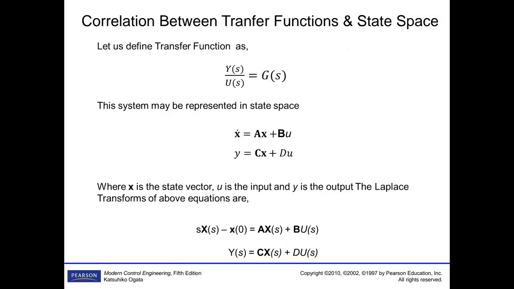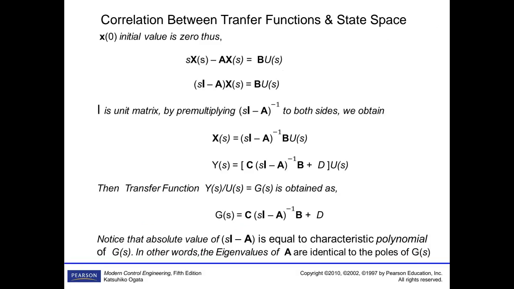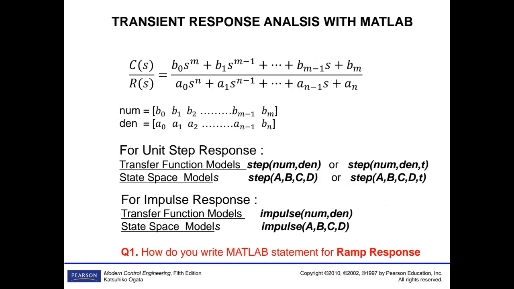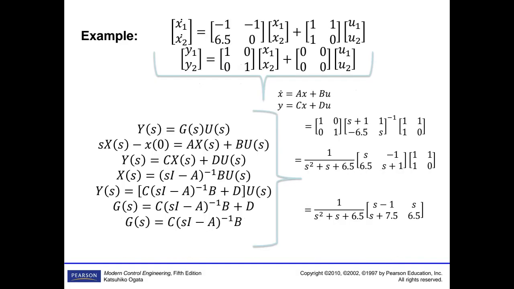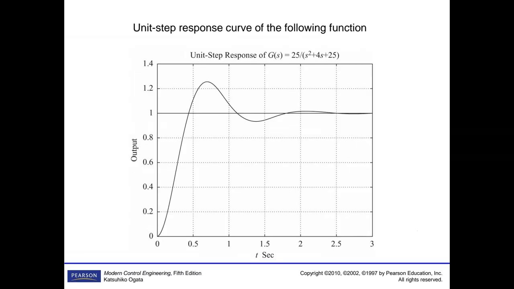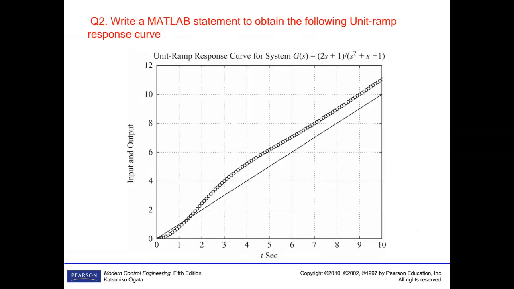Transient response analysis with MATLAB, we are already familiar with that one. We have curves like this with MATLAB. You can easily check stability. We studied the Routh-Hurwitz method. Here we solve a problem. We have seen some critical points as well.